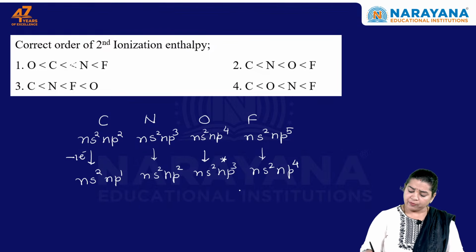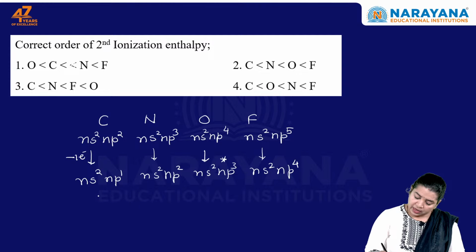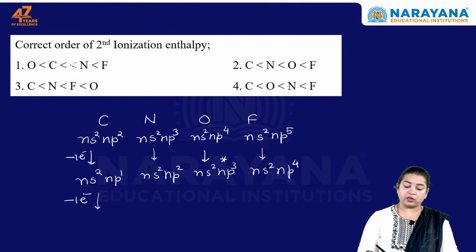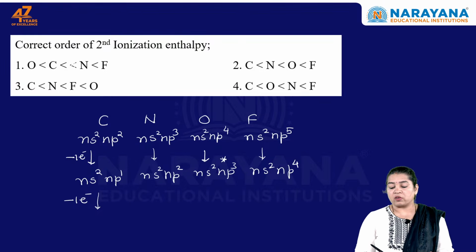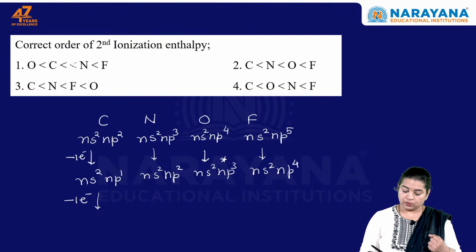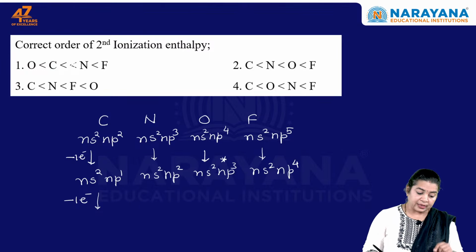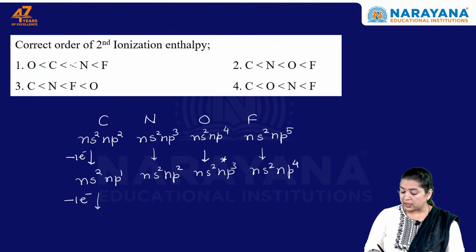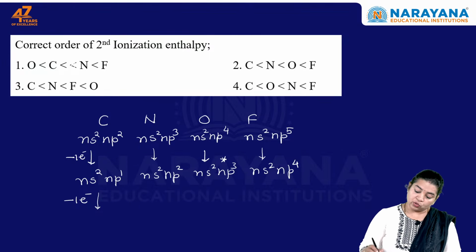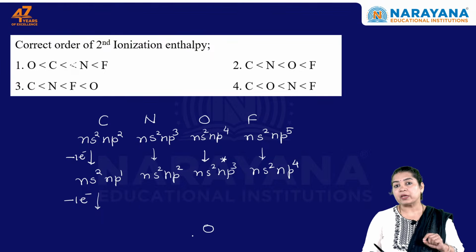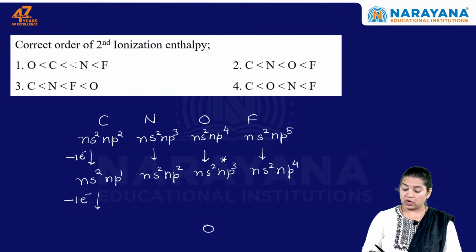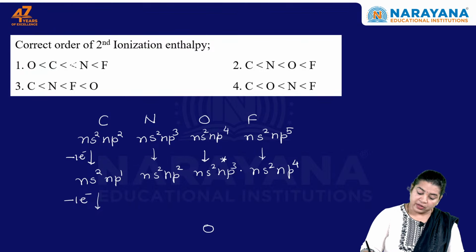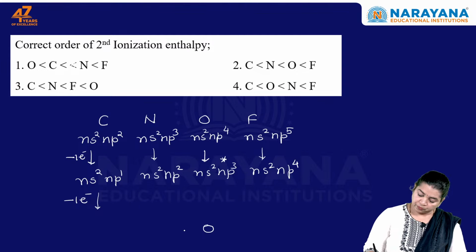So after this, they are asking if I remove one more electron, what will be the order of those energy values? Now from this, it is quite evident that oxygen is going to have the highest ionization enthalpy, highest ionization energy, because of its half filled configuration, right?